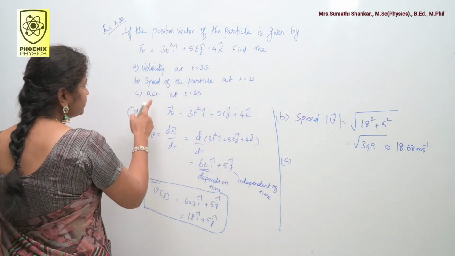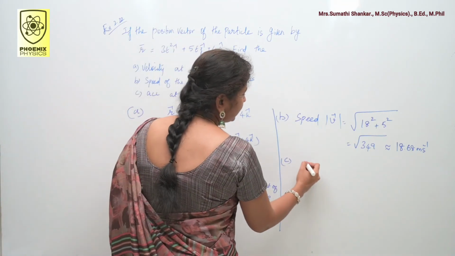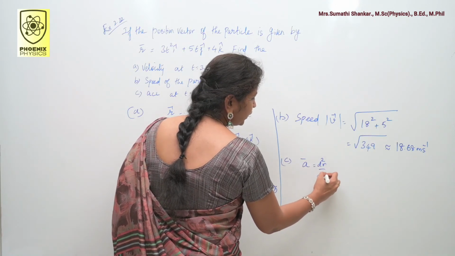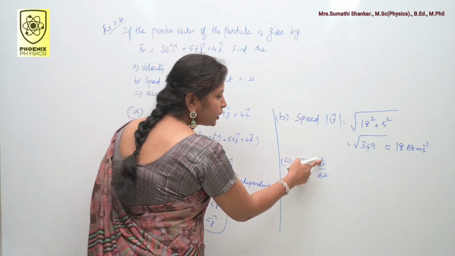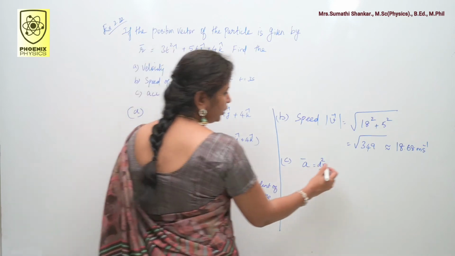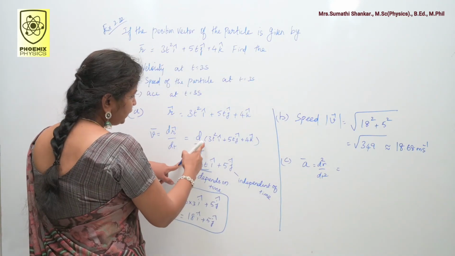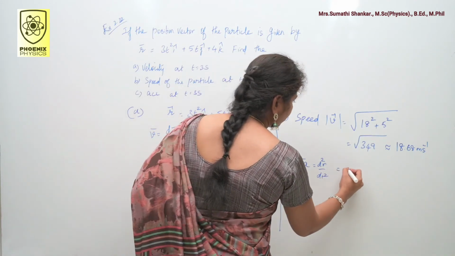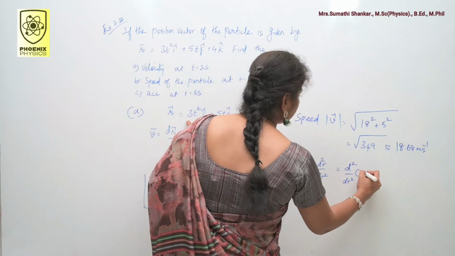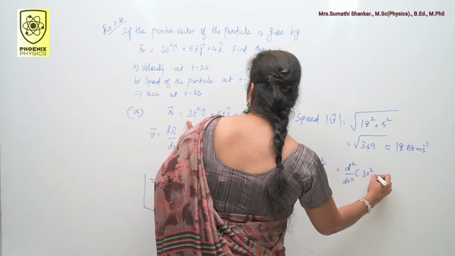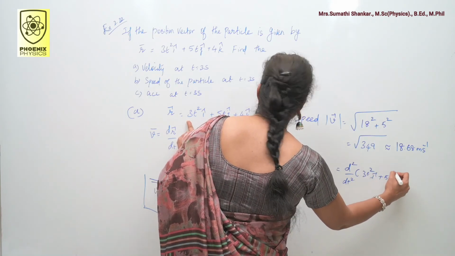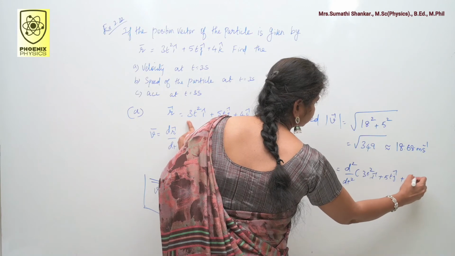Then third part is acceleration. You know that acceleration a is equal to d square r by dt square. Acceleration is equal to the second derivative of position vector with respect to time. So d square by dt square of 3t square i vector plus 5t j vector plus 4k vector.